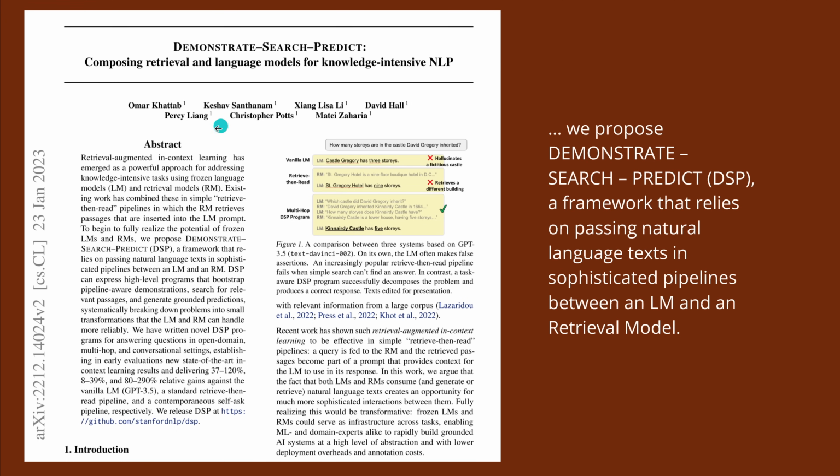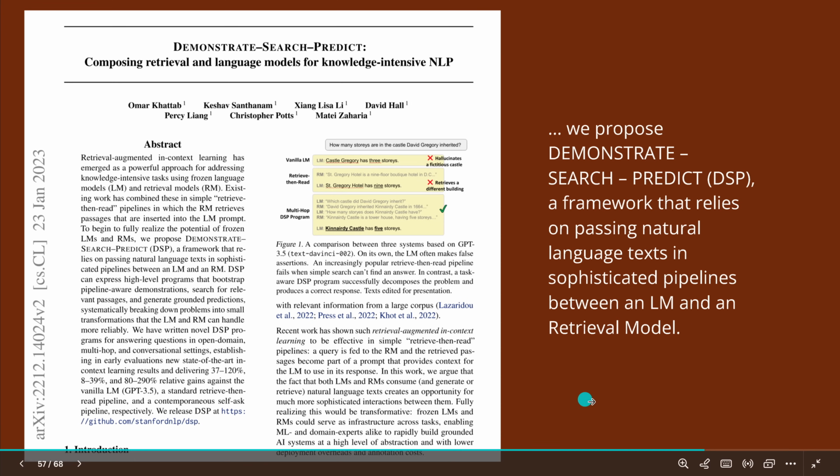And what they had originally was Demonstrate, Search, Predict, DSP, a framework that relies on parsing natural language text, your prompt, in sophisticated pipelines between the language model and a retrieval model from your RAG system, or retrieve, augment, and generate.